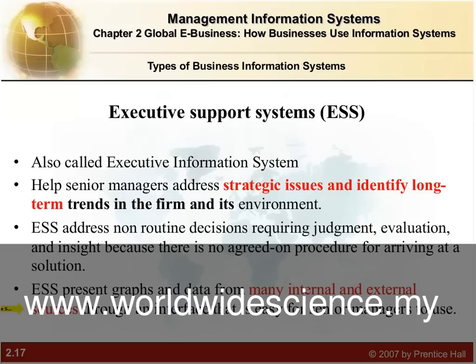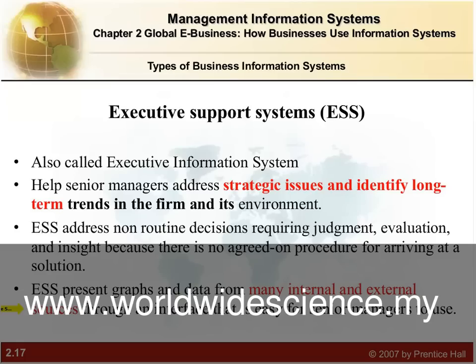Digital dashboards are becoming an increasingly popular tool for management decision makers. Actually, these things are going to be more and more popular for managers.